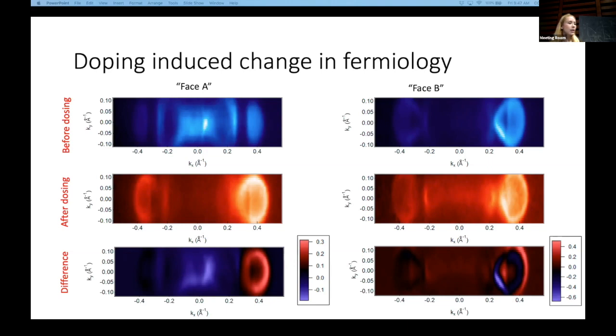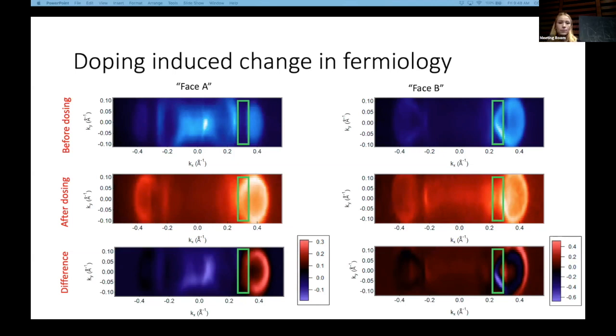So we can focus a little bit closely on the momentum region where this change is actually happening right here in the green boxes, which are lined up for all the images. And here in the bottom panel, we show the difference plot where on face A, you have an overall increase in spectral weight in this region, whereas on face B, you have an overall decrease of spectral weight in this region.